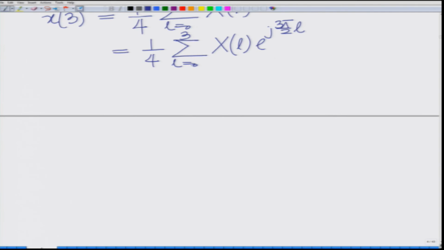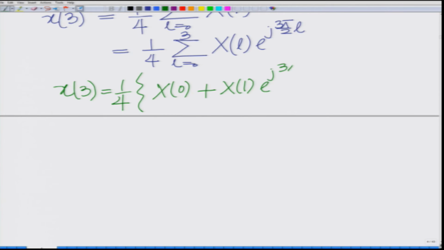And now again when I substitute the symbols on the subcarriers, that is x3 equals 1 over 4, what do we have? x0 plus x1 into e power j 3 pi by 2 plus x2 into e power j, well, L equal to 2, so this is 3 pi, plus x3 into e power j 9 pi by 2, because L equal to 3.